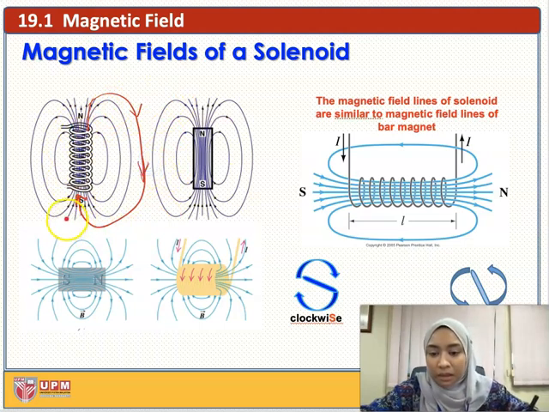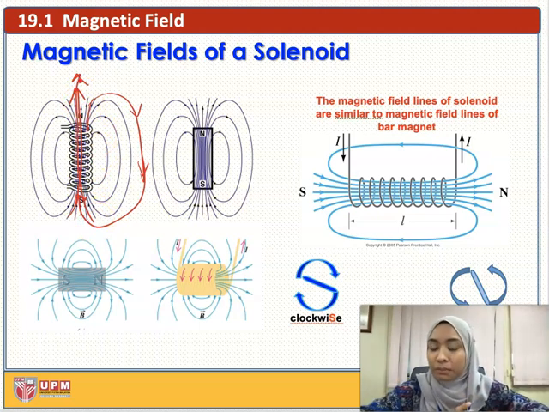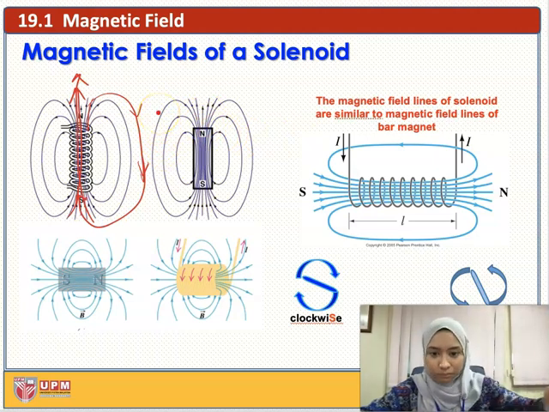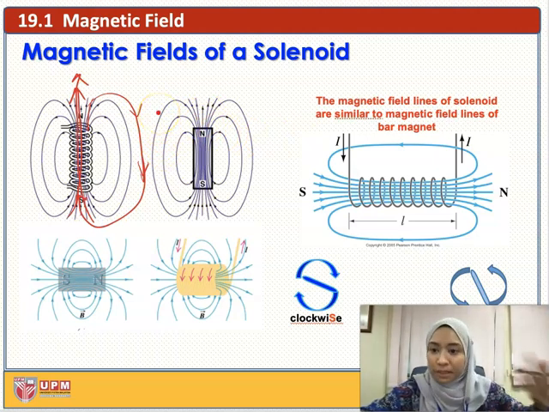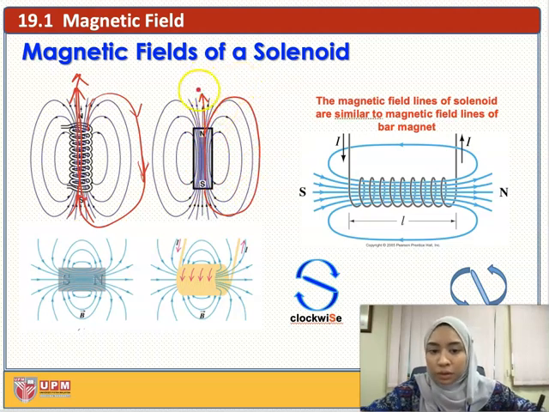And in the solenoid, the arrows will point towards the north, because remember, it behaves like a magnet. A magnet always points towards the north, just like the compass. So pointing out of the north, north to south.